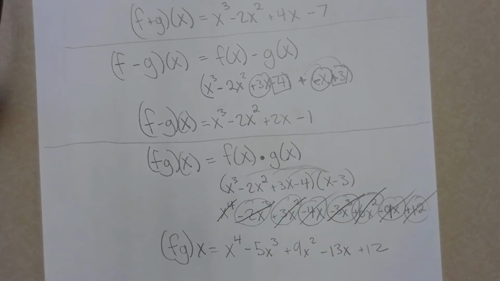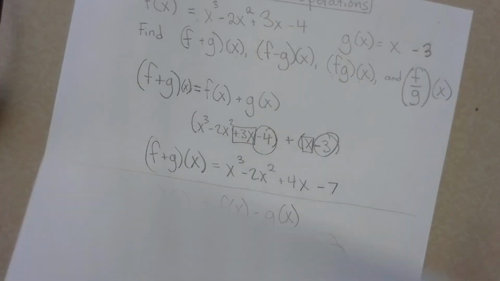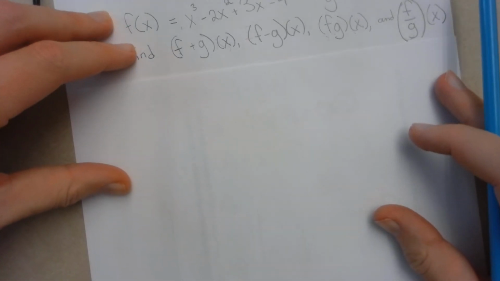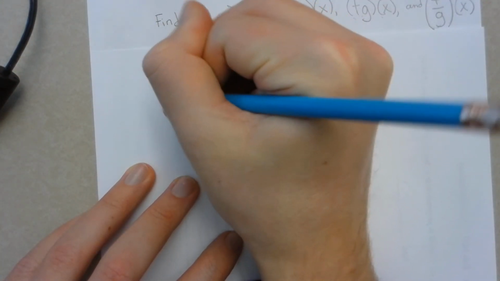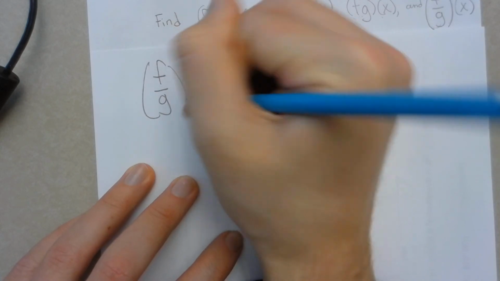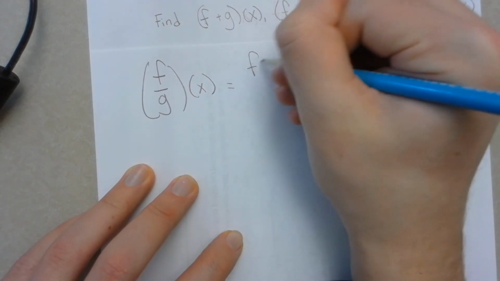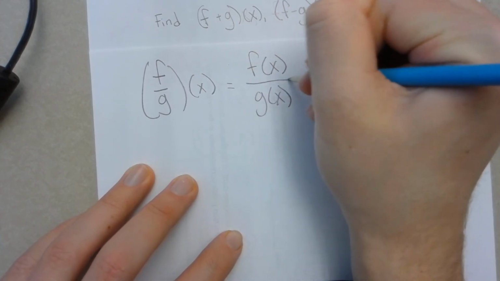And the last one, we're going to do f divided by g of x. Okay, so f divided by g of x is the same thing as f of x divided by g of x.